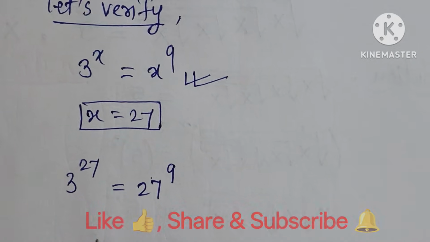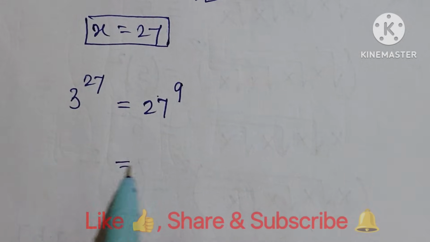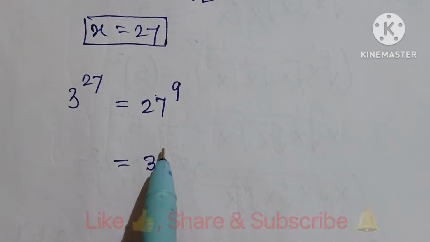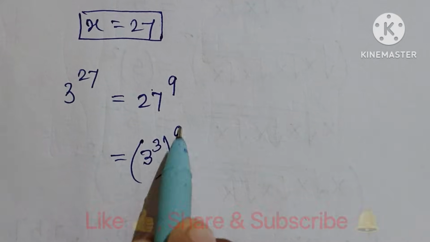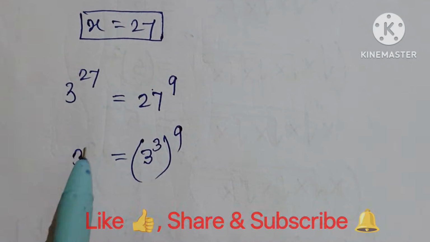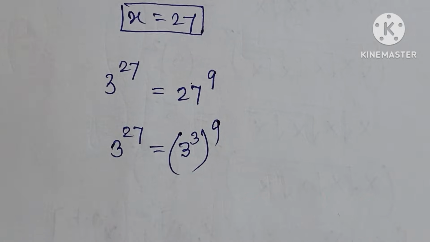So how we can write this? Right hand side, we can write 3 cube raised to the power 9. Here we write 3 raised to the power 27. Now how we can write this?